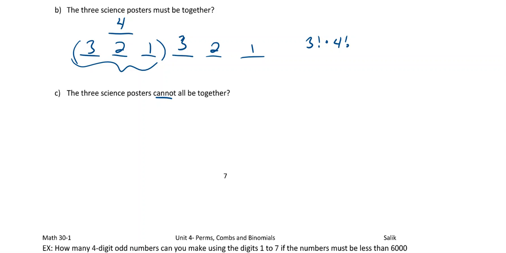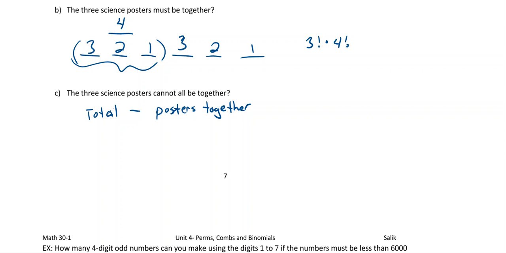The way we're going to do it is we say, if we want the ones where the three posters cannot be together, why don't we just take the total, and then subtract the posters together. So we're going to take the total and then subtract our posters actually together, right?